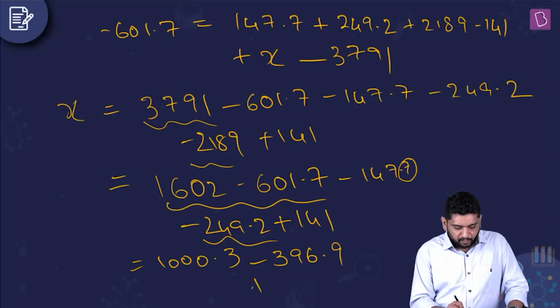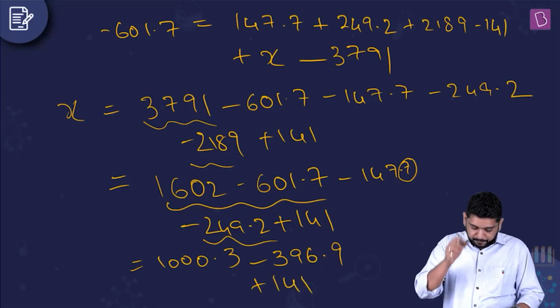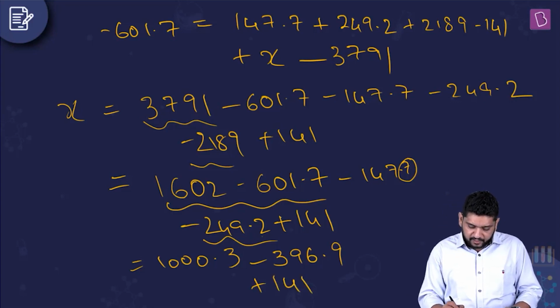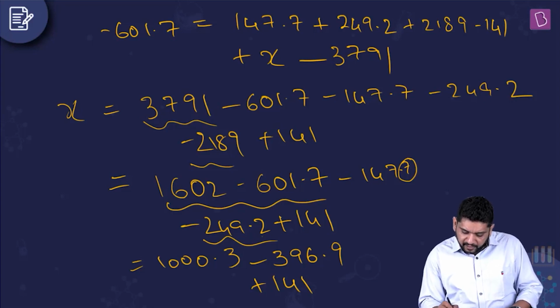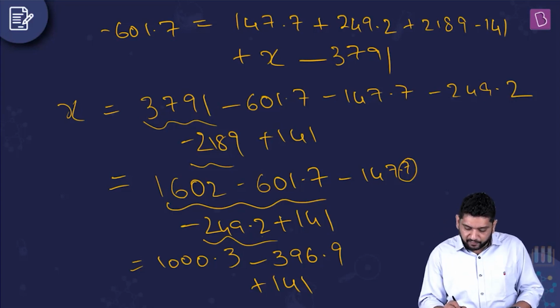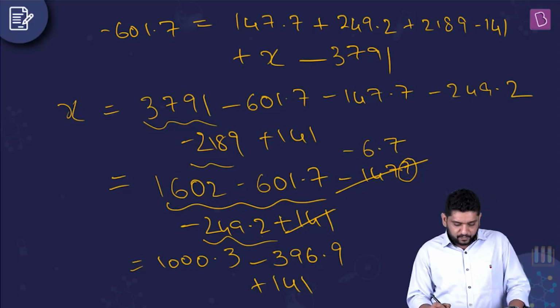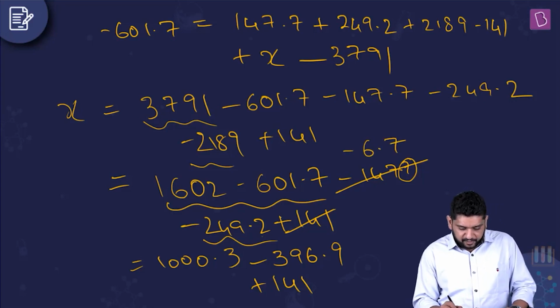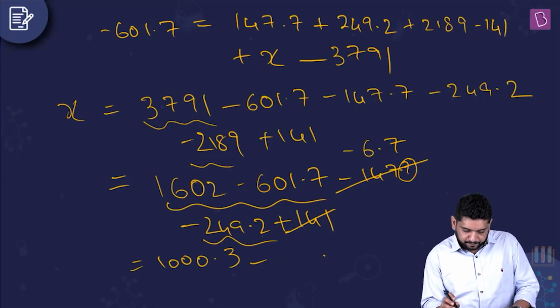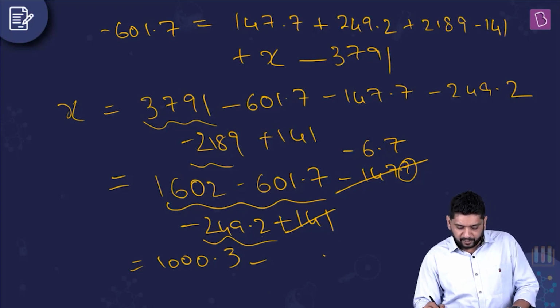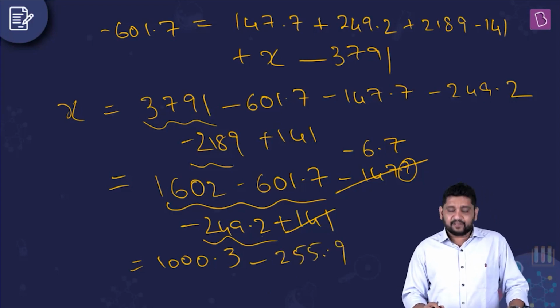Yeah, plus 141. Okay, maybe I should have even cancelled these out. Minus 147 and plus 141 would have given me minus 6.7 left. So 1000 minus 6.7 and 249.2, that is about 255.9. Somewhere in this range. I'm not even concerned about the exact value.